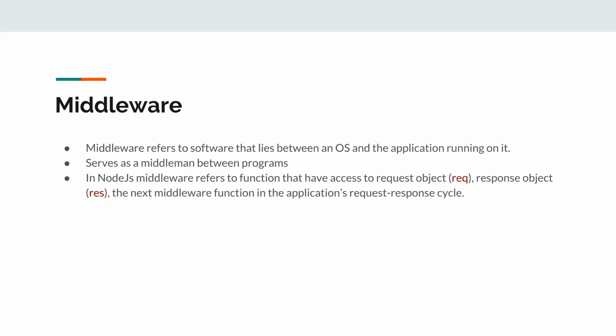We saw what the request and the response object do. I'll speak more to it in coming slides, but in our context, which is Node.js, middleware just refers to a function that has access to your request and the response as well as the next middleware function.